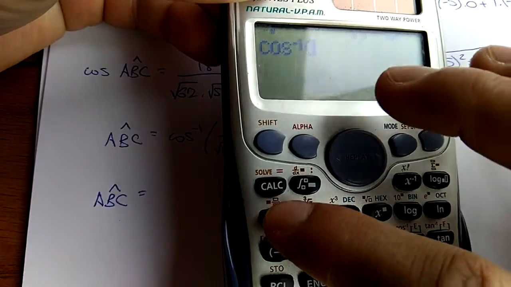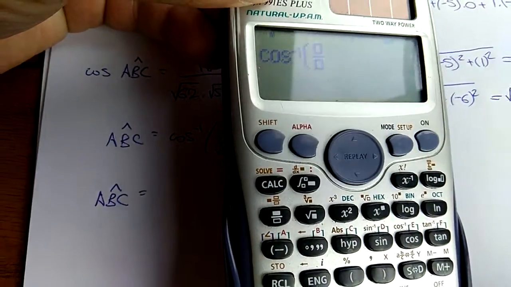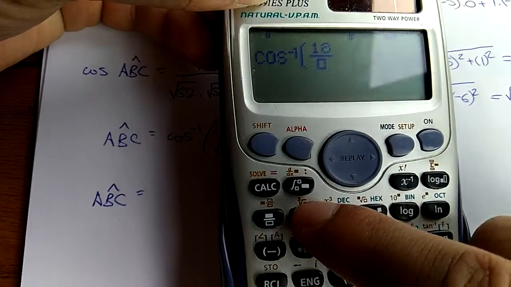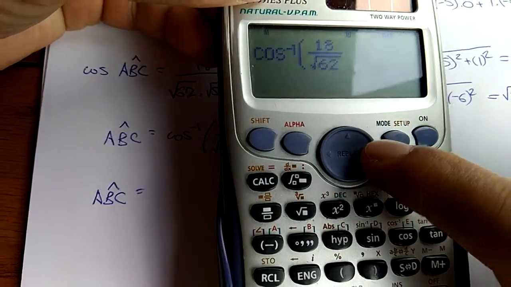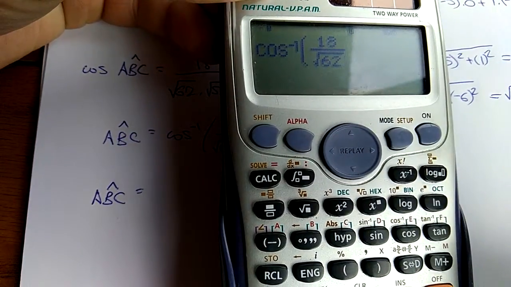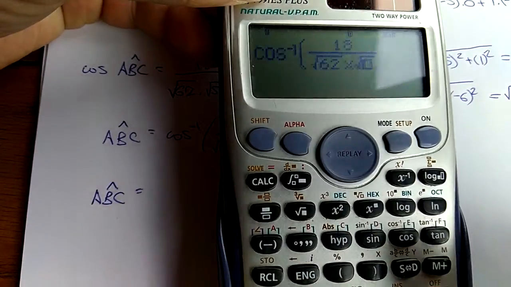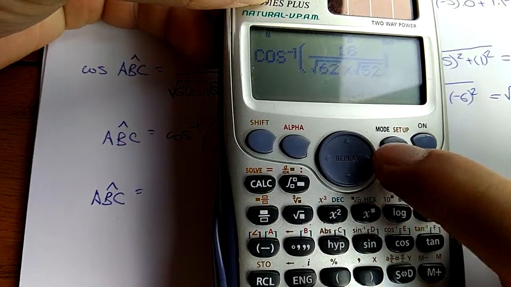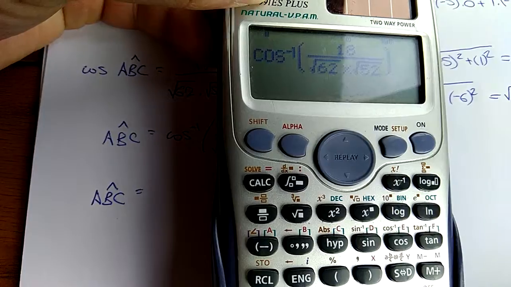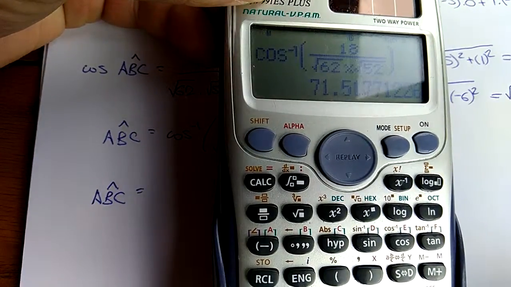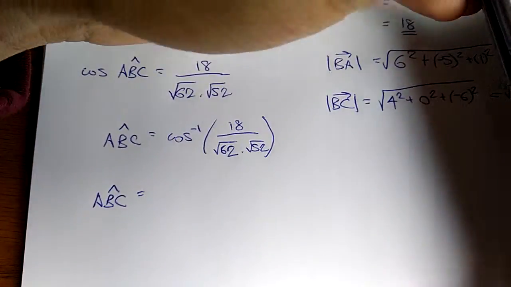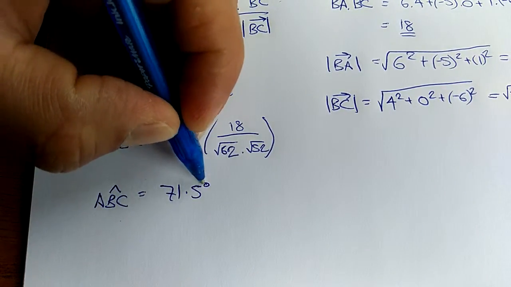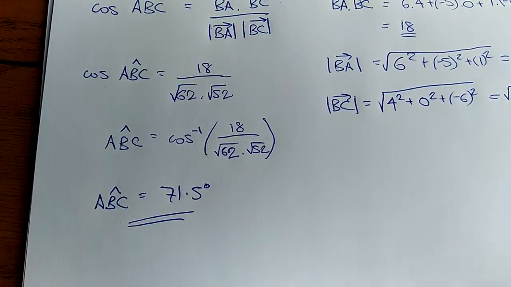So it'll be 18 on the top line over root 62 times root 52. Okay, not the easiest to make out, but we get 71.5 degrees. And that's it. Simple as that.